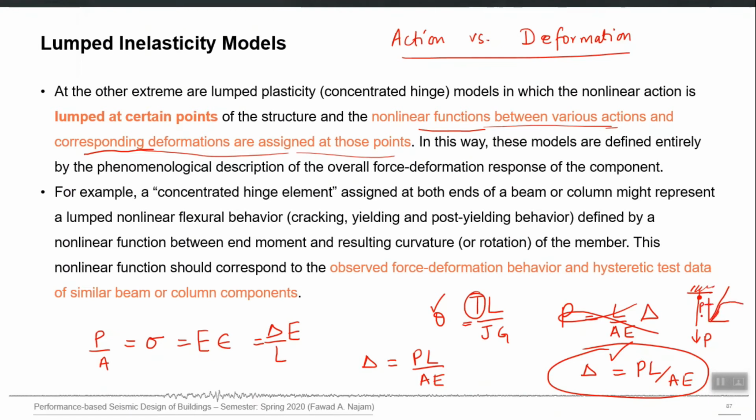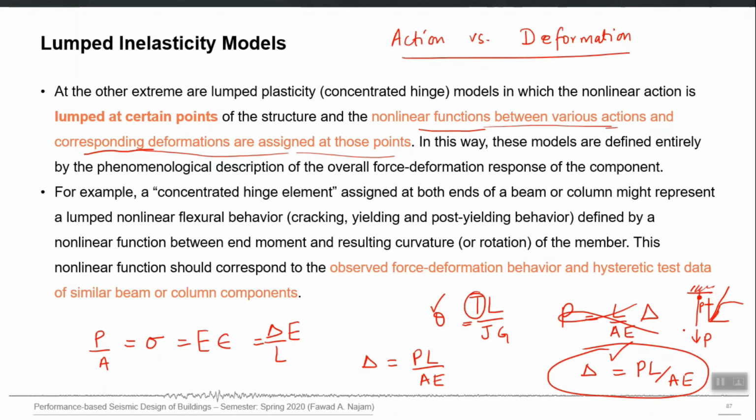Let's say this is P corresponding to the yielding of that bar, right? So I must know at what force this bar will yield, so that I can start deviating the line from that point onwards, and then what will be the post-yield behavior of this bar.